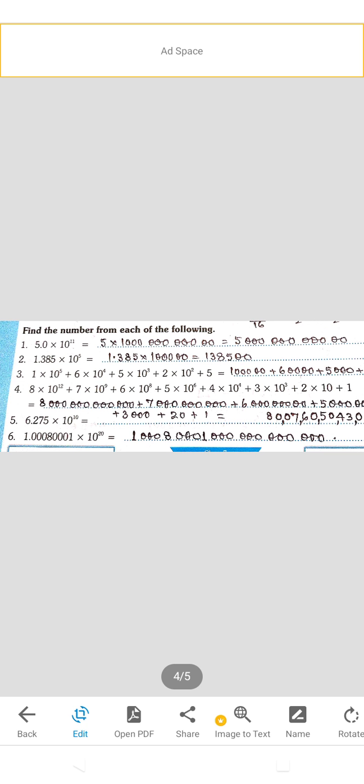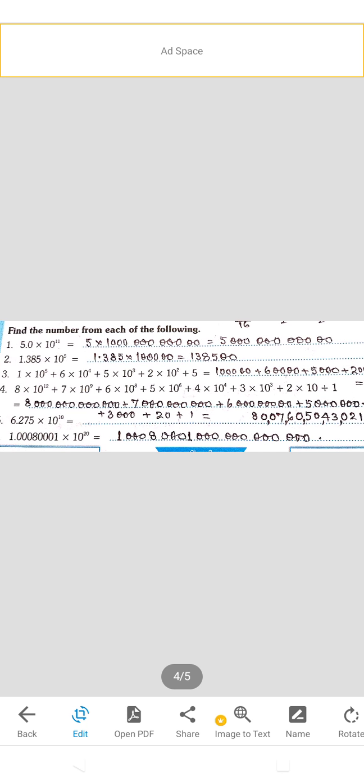1 multiply 10 raised to the power 5 plus 6 multiply 10 raised to the power 4 plus 5 multiply 10 raised to the power 3 plus 2 multiply 10 square plus 5. Now write in usual form.